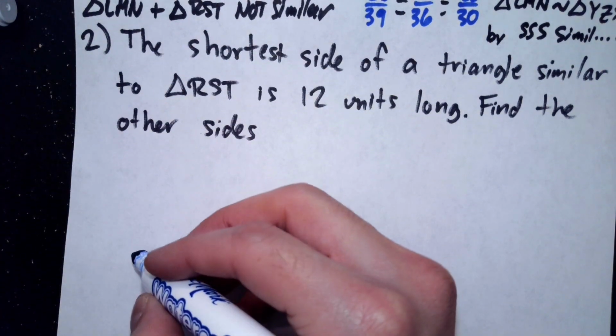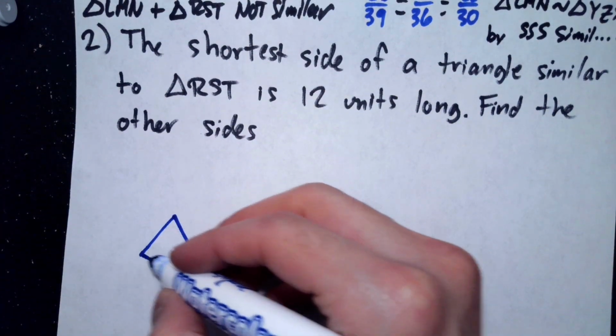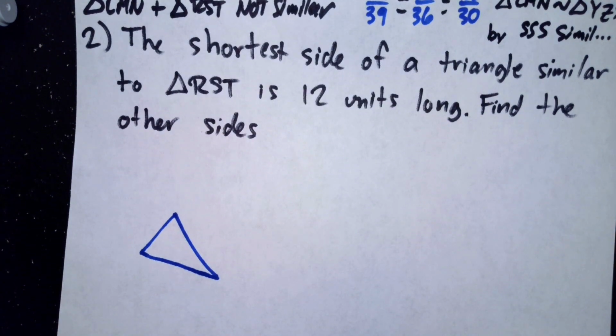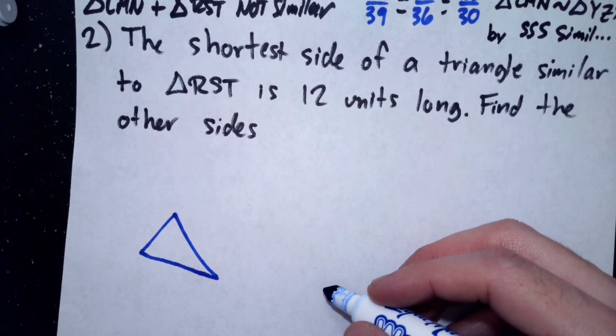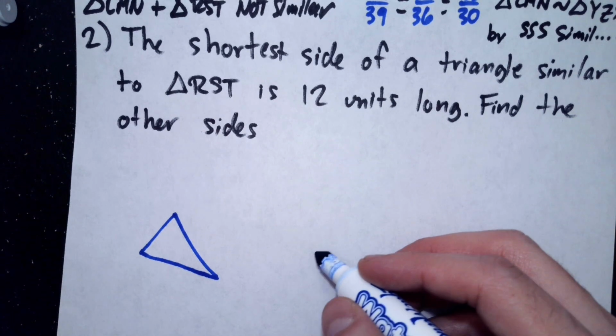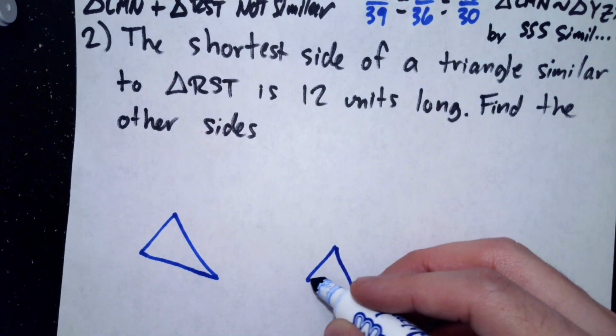Any triangle, I'll make it like this. Like that. And it says the shortest side of a triangle similar to triangle RST. We'll pretend that triangle RST is this one. Something like that.